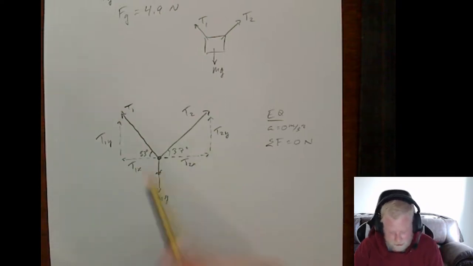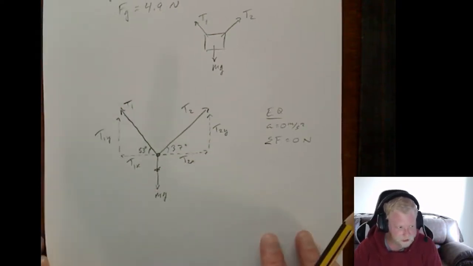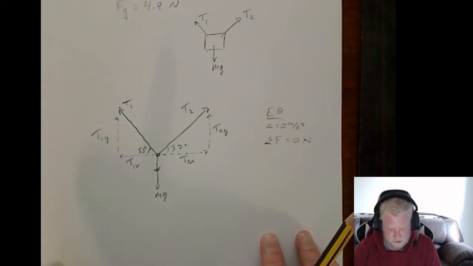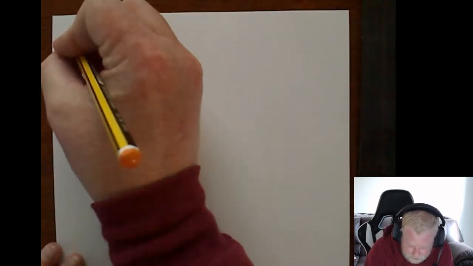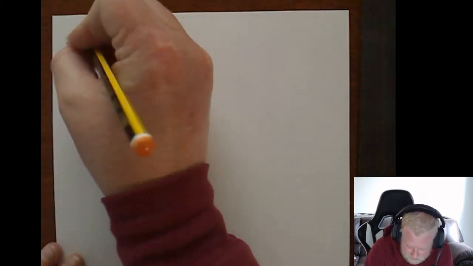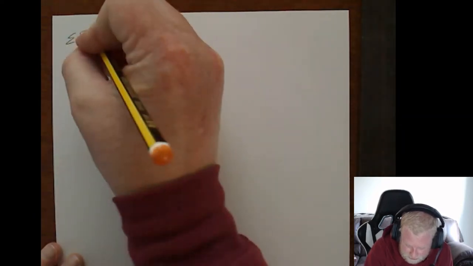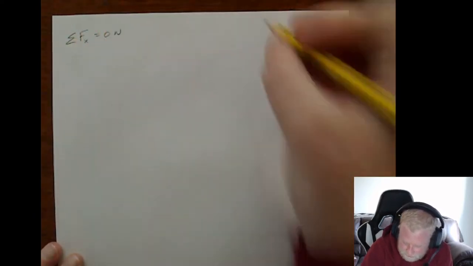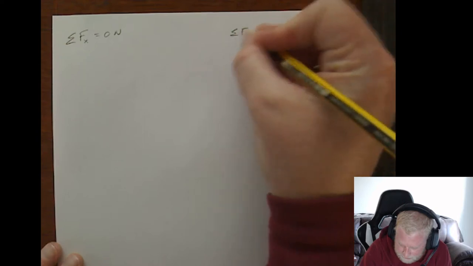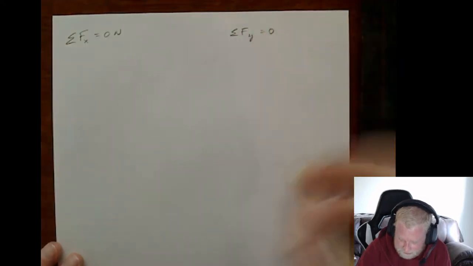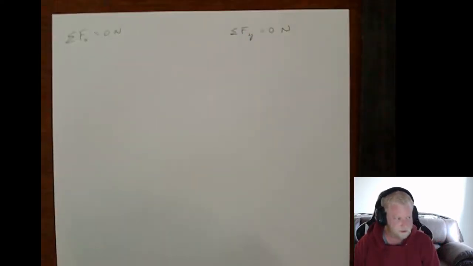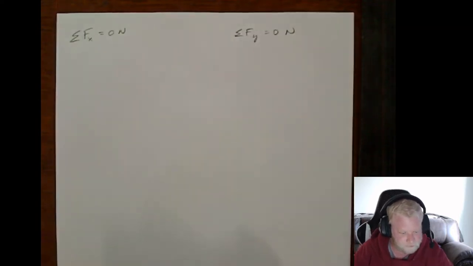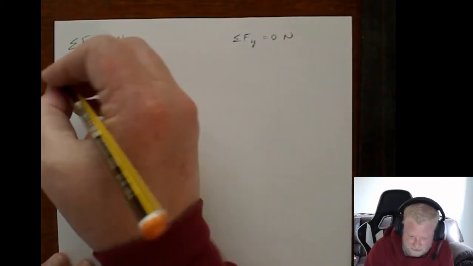So now that we've got our free body all done, the first thing you always want to do is start with the statement of Newton's second law. So I'm going to do it in both dimensions. Net force in the horizontal is 0. Net force in the vertical is also 0. All right, so two simple statements. So let's go ahead and expand.